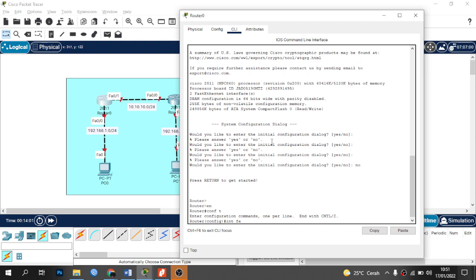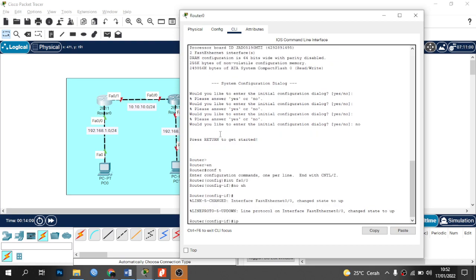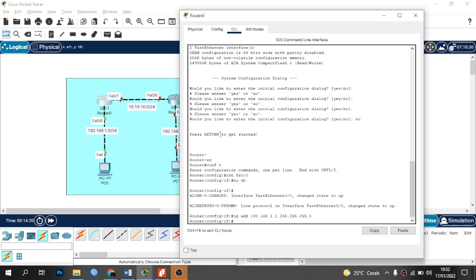Okay. Interface FA0/0. Now shutdown. Add IP, subnet. Enter.